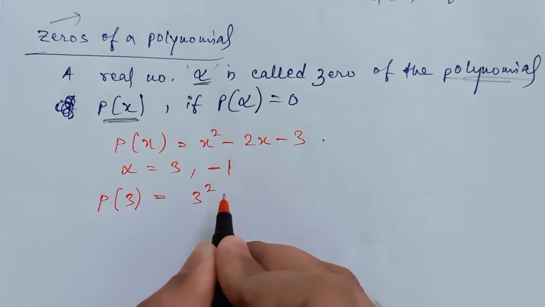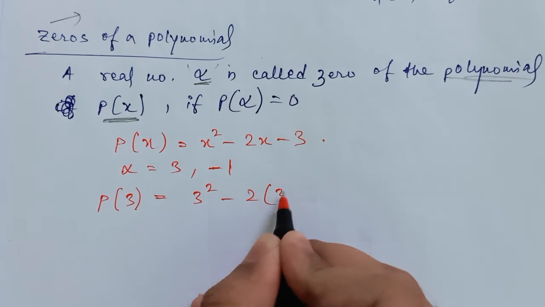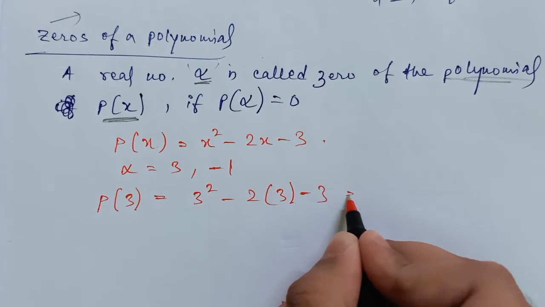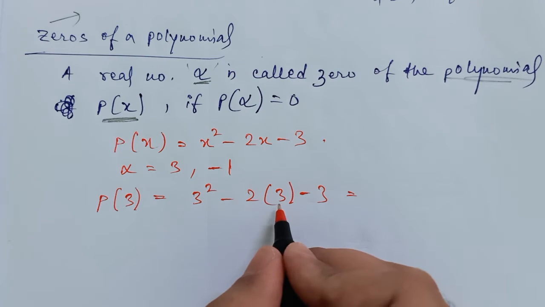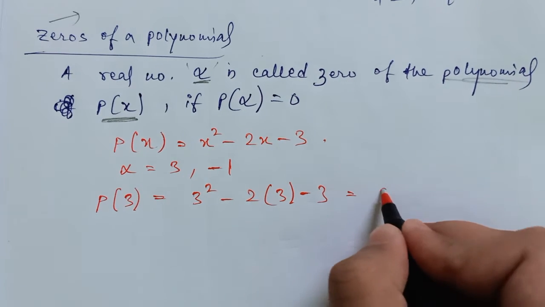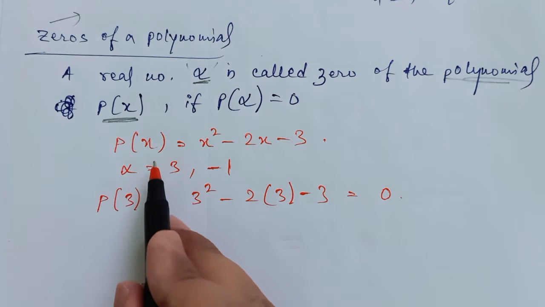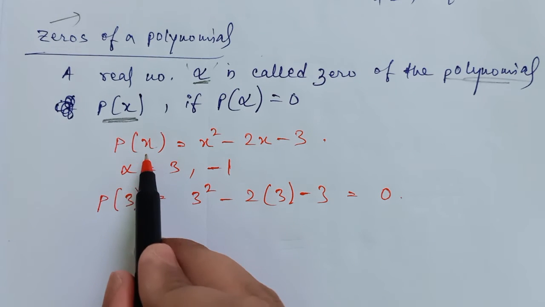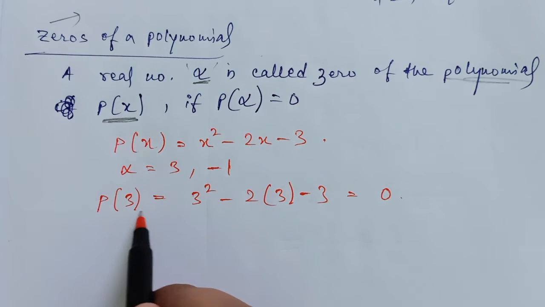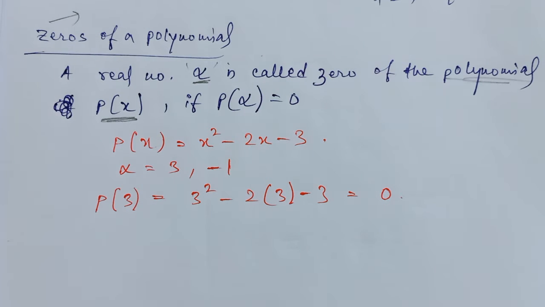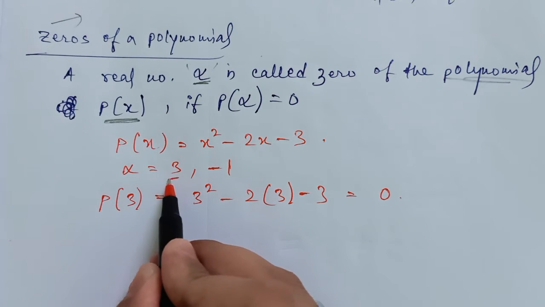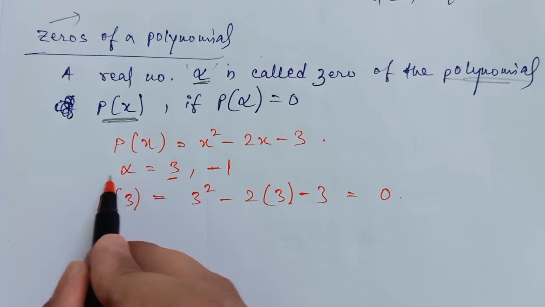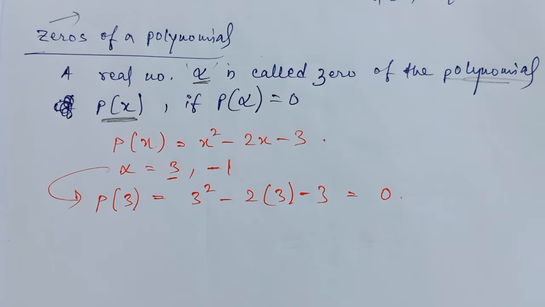So I'll get 3 square minus 2 into 3 minus 3, which is 9 minus 6 minus 3. So 9 minus 9 is 0. You can see that if you put x equals 3, the polynomial becomes 0, right? So we can say that 3 is a zero of this polynomial p(x).